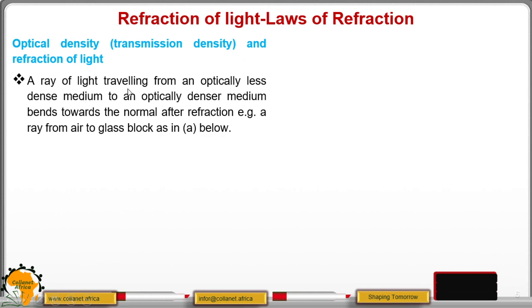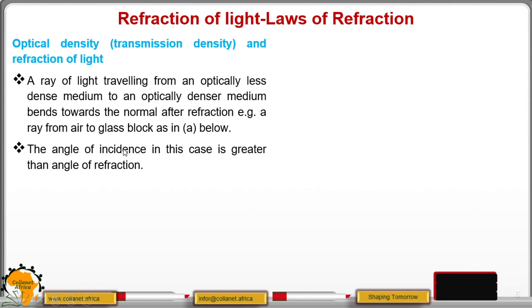Now, when we have a ray of light that is traveling from an optically less dense to an optically denser medium, the bend is always towards the normal after refraction. In other words, if you have a ray that is coming from air to glass, then the bend will be towards the normal.